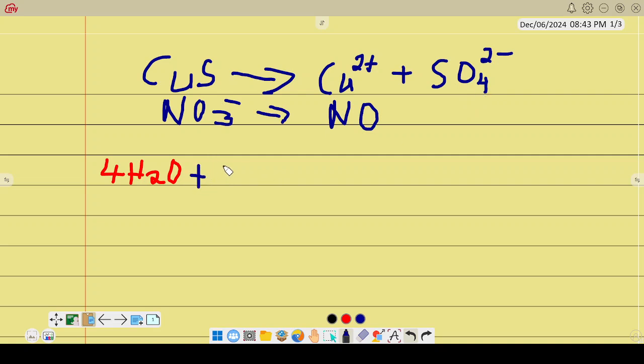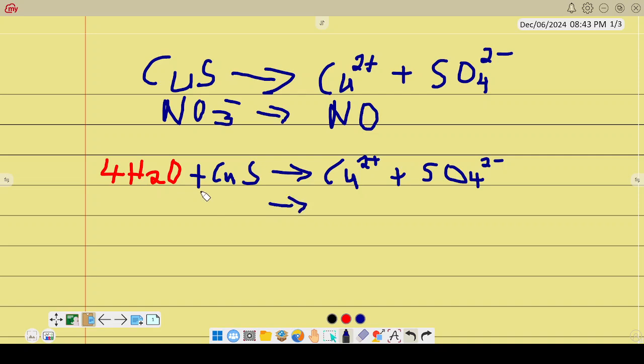So 4 water molecules and copper sulfate to give us this, plus sulfate ion.